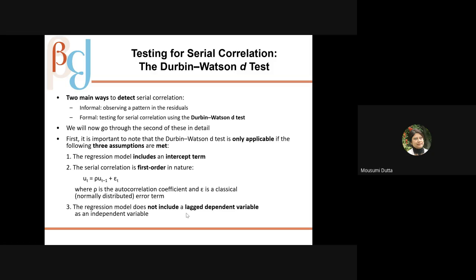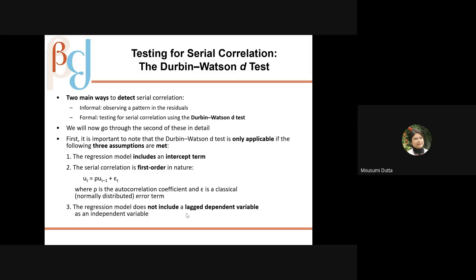Third, the regression model does not include a lagged dependent variable as an independent variable. So if the model is yt as a function of xt and yt minus 1, such as price in the t-th period being a function of several other variables and the price of the t minus 1th period, you will not be able to apply the DW test.